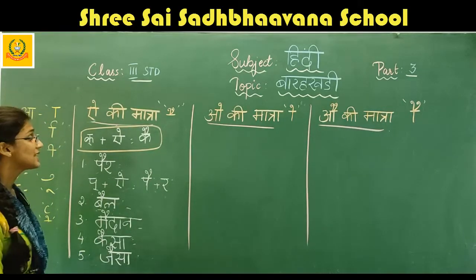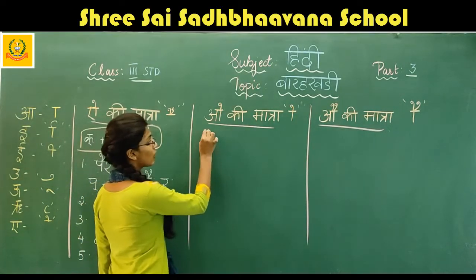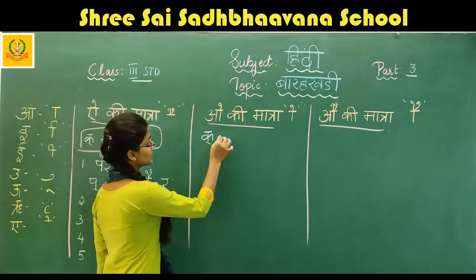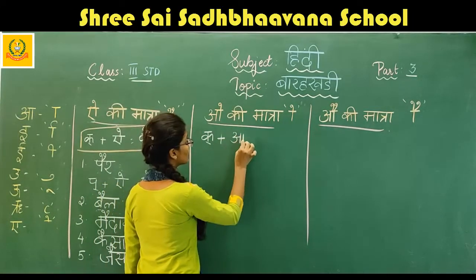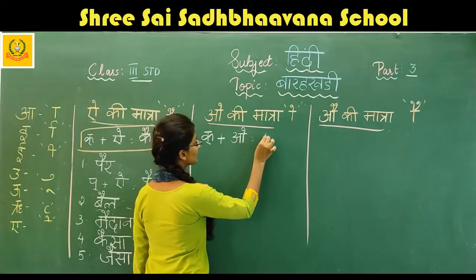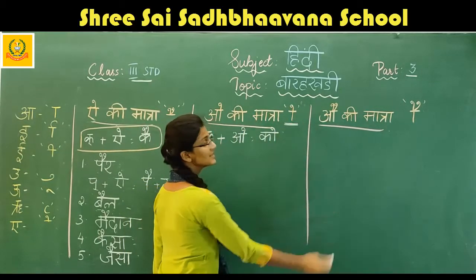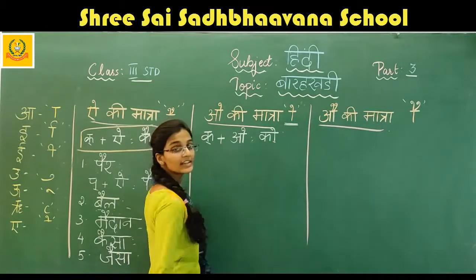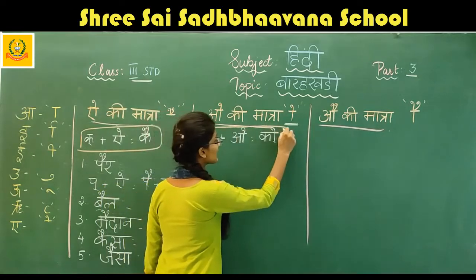Now, let us see O ki matra. How to write? First form, always write this form. K plus O is equal to Ko. See the symbol? This is a symbol. Did we get that? Yes. So K plus O is Ko. This is the standard form.